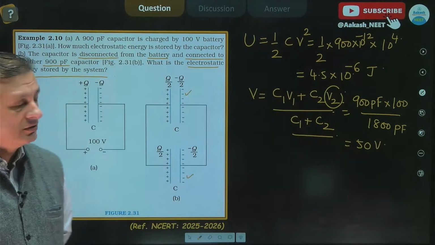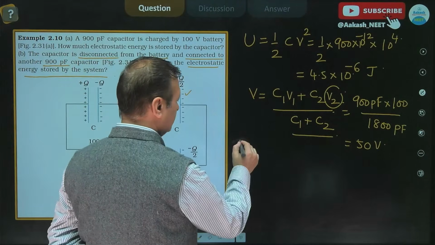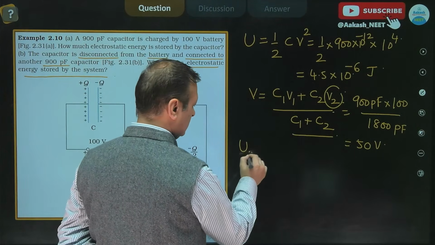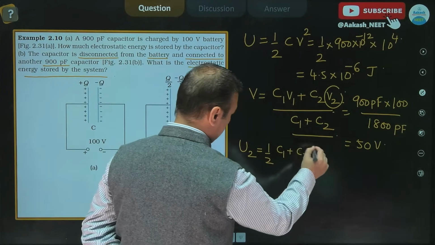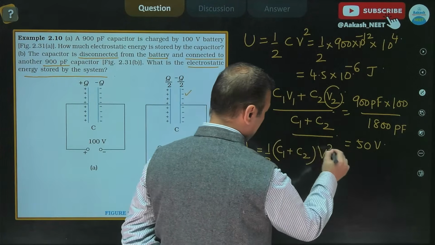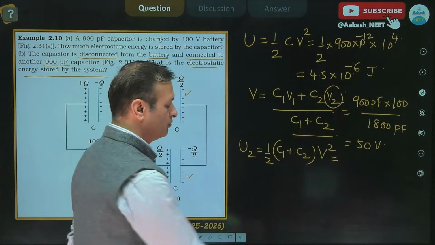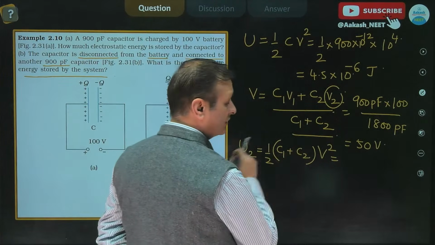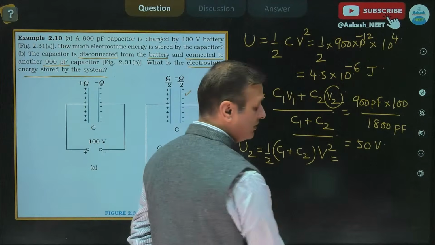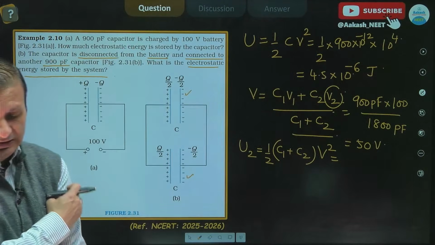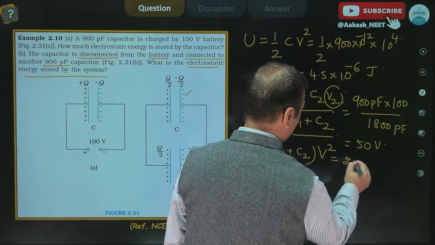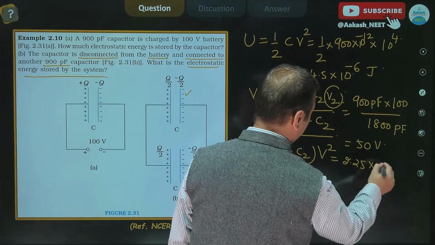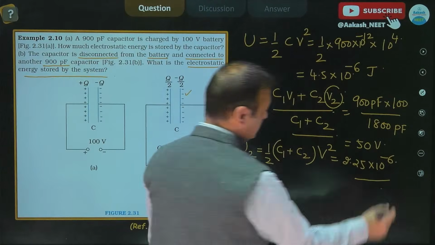Got it or not? And the final energy of the system, let it be U2, is half (C1 + C2) into V squared. So put the value of C1 as 900, the other C2 is 900, V is 50, and that would give you the final energy as 2.25 into 10 to the power minus 6.